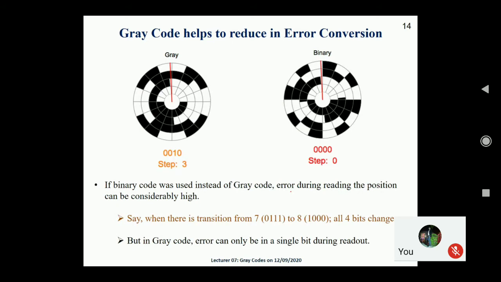Now see here, what is the main concept? Why is gray code capable of reducing errors in conversion? Actually, gray code generally we are using to reduce the errors.